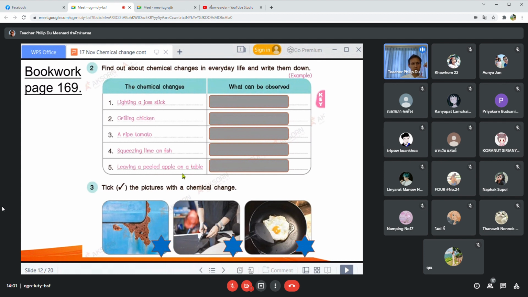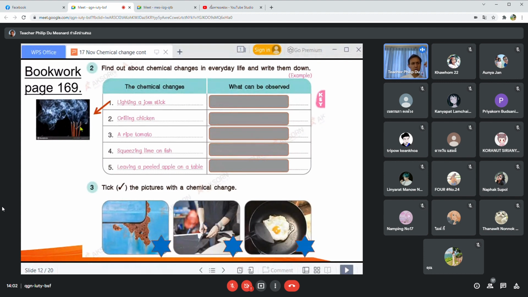Okay, I'm going to show you these things because maybe some of them you don't know, like a joss stick. Normally I call this incense. I don't really like the word joss stick. But I'm sure you know what this is. It's not a candle. It's a stick that makes smoke, and the smoke has a nice smell.